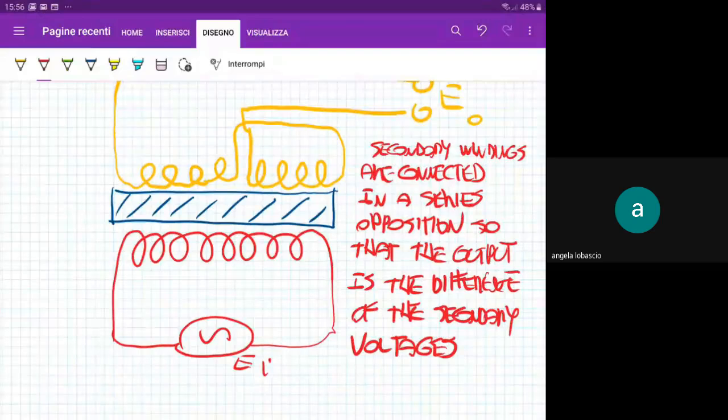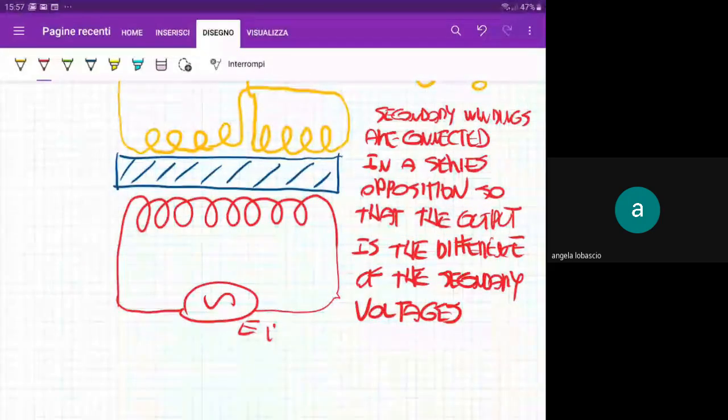Therefore, the maximum frequency depends on the inertia of your inner core, and also on the frequency of the input voltage.